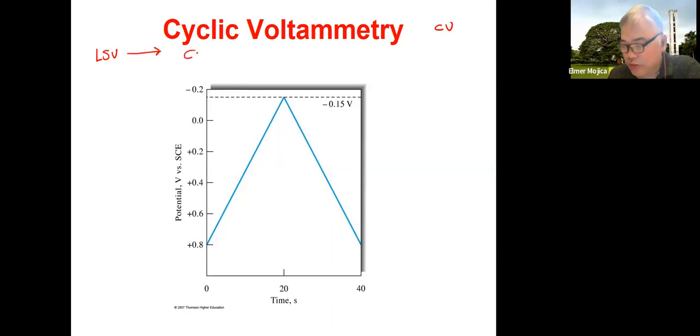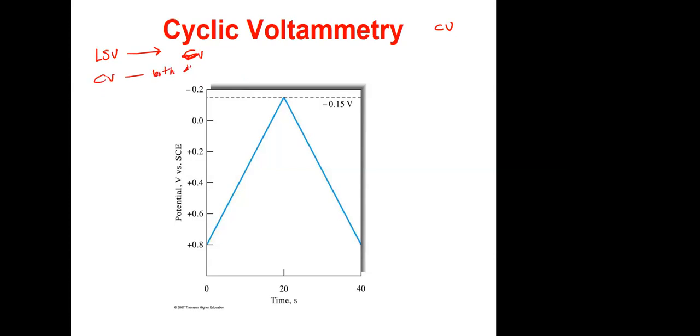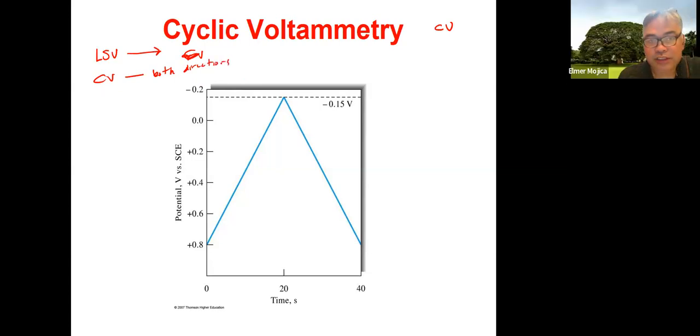In LSV, we can scan either to the positive potential or to a more negative potential. But in CV, we scan in both directions. That's the difference between LSV and cyclic voltammetry.